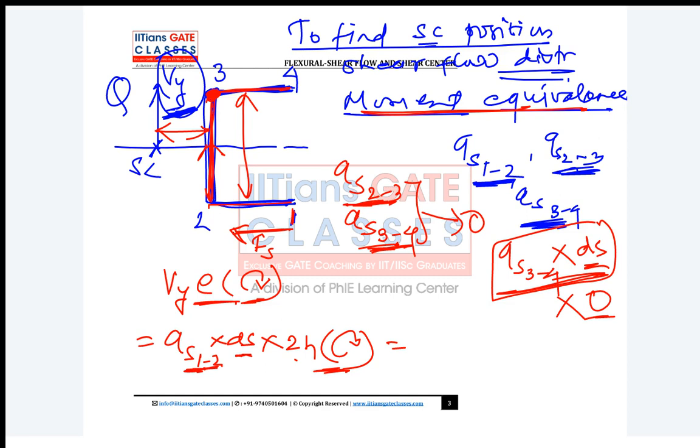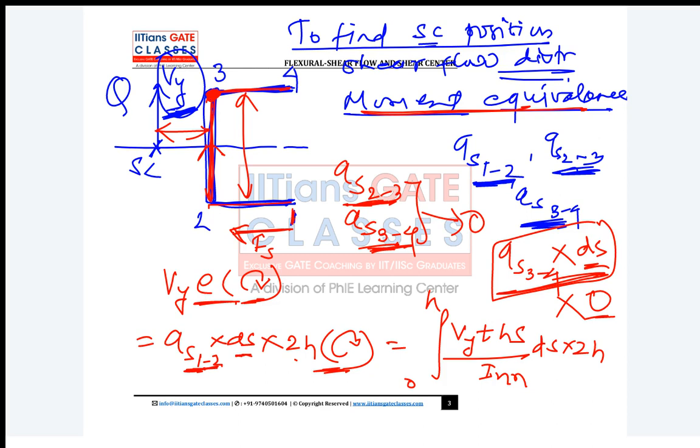It was Vy into the first moment of area upon IXX, then ds into 2h, and it needs to be integrated from 0 to h. Clear? Because I want the force from 1 to 2, right?